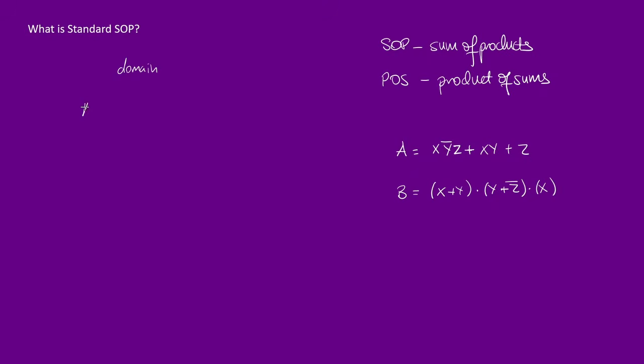For example here, we said A is equal to X not Y Z or XY or Z. Our domain of variables here includes X, Y, and Z, since these are our Boolean expressions for the output A. But this is non-standard because each term in the domain is meant to appear in each term inside the expression.